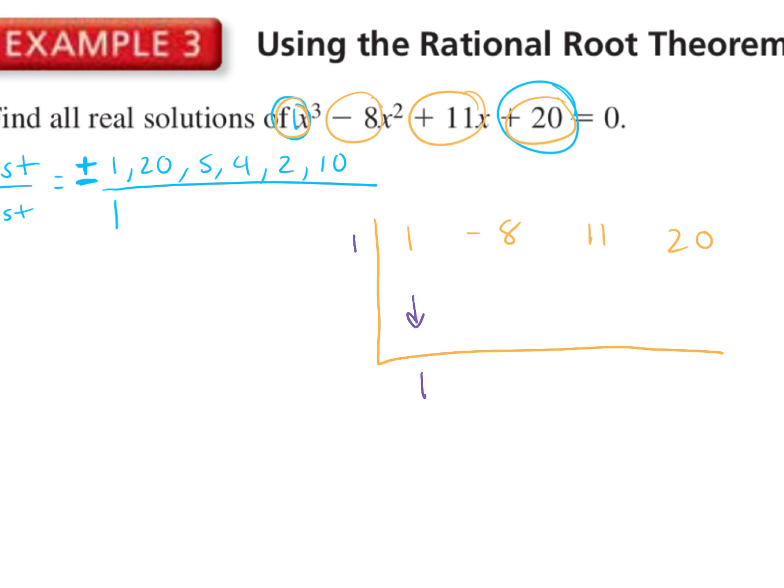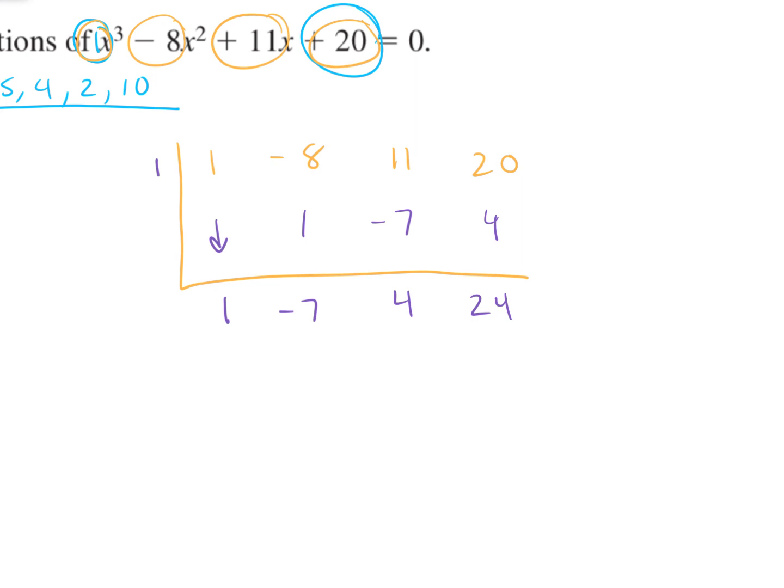So we drop down the 1, multiply, we get 1, then add -7, multiply, add, we would get 4, multiply. Now in order for it to be an actual solution, we need the remainder to be 0. Is our remainder 0 here? No. So 1 is not a solution. So we need to erase and start over.